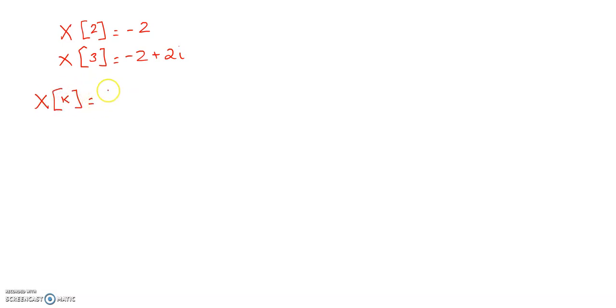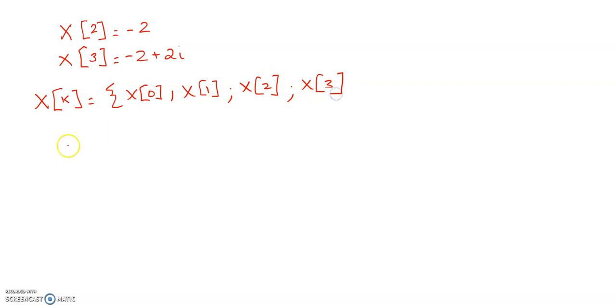So moving ahead with the instructions that have been already passed, you can determine x of 2 will be equal to minus 2 and x of 3 will be equal to minus 2 plus 2j. And hence your final answer should be written in this particular format. So we have already written x of k is x of 0, x of 1, x of 2, x of 3.